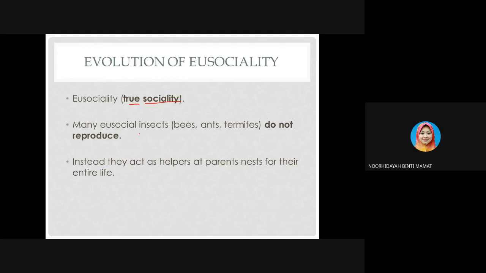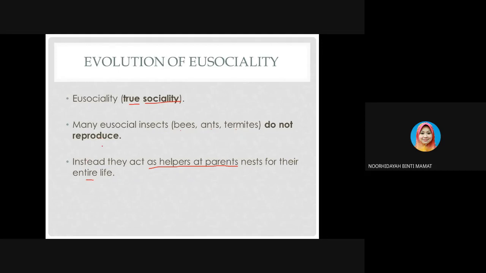So many eusocial insects, for example bees and termites, do not reproduce because they give their life to help others raise the young. Instead, they act as helpers at the parent nest for their entire life.